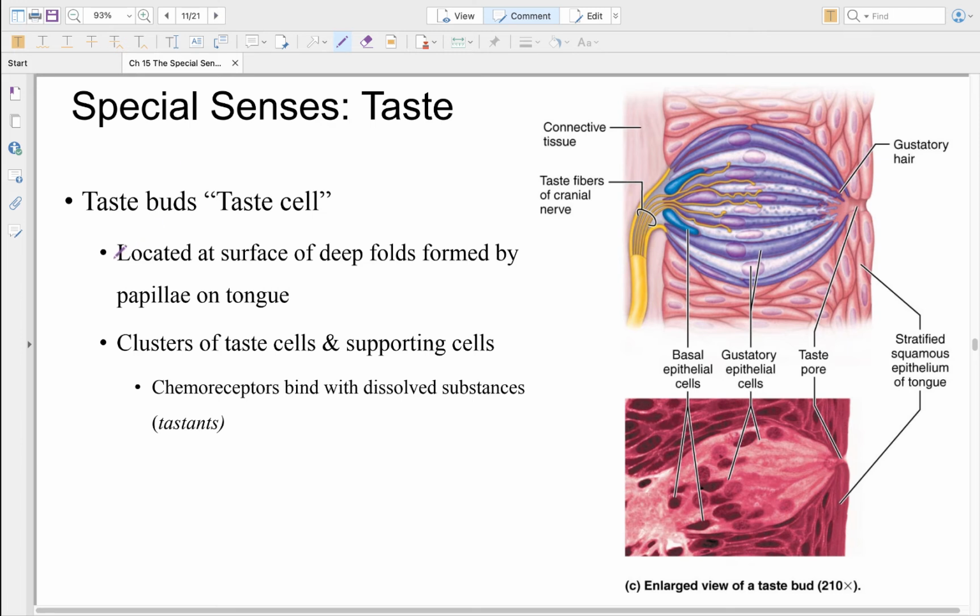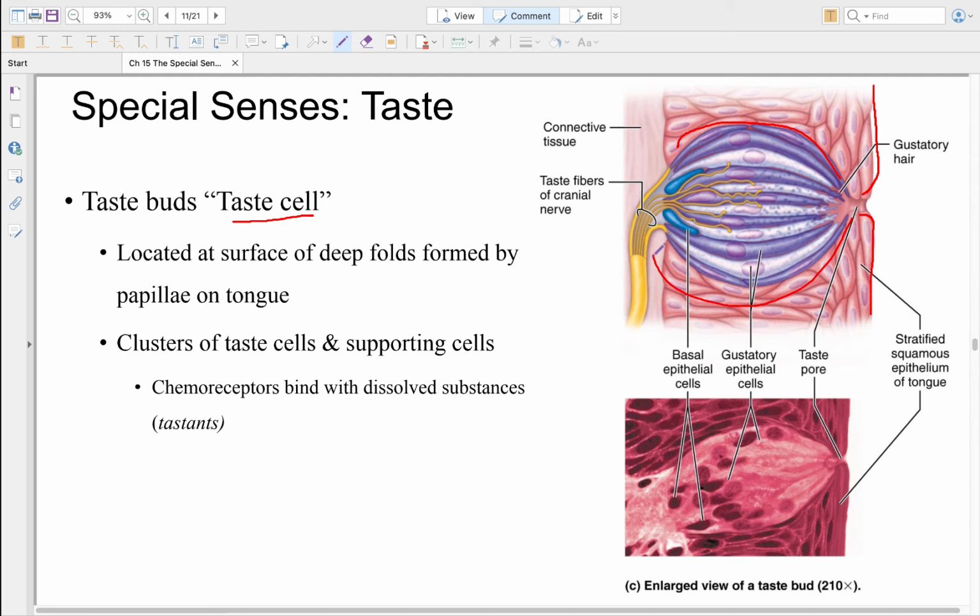chemicals. Now let's take a look at what we call a taste bud, which is actually a taste cell. They're inside of the folds of the papilla, so they're deep inside of there. So if we were looking at the tongue, look at it this way. See all of this? This is the outside part of the tongue. Technically this would be a papilla, and then inside is the taste bud.